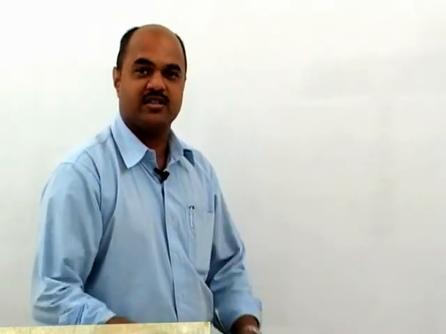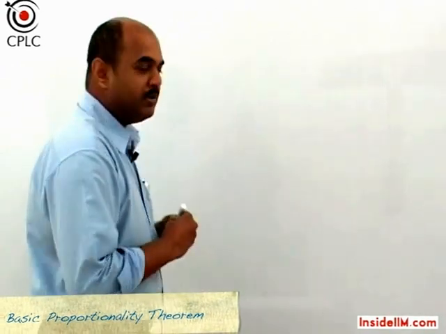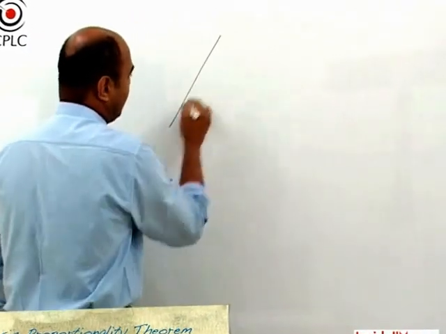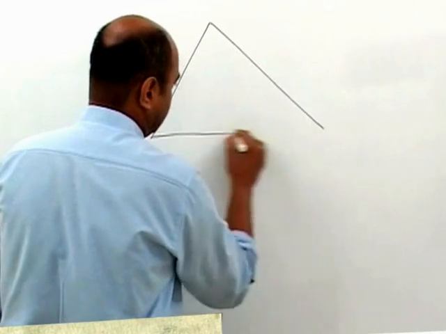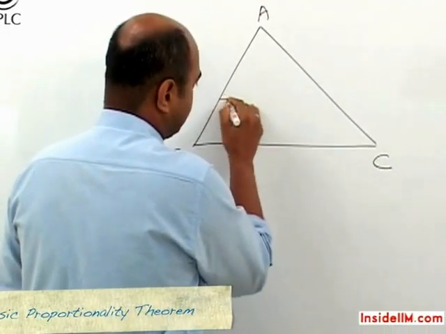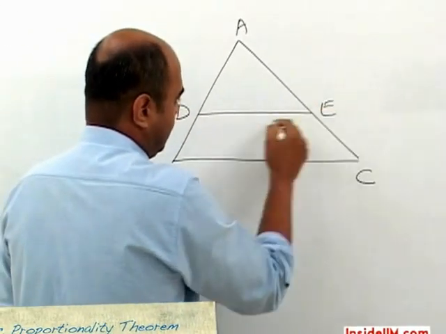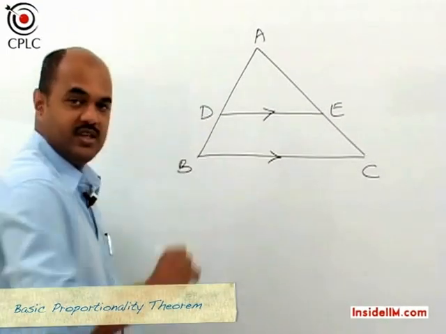We'll now look at a few important theorems with respect to triangles. Let's start with what is called the basic proportionality theorem, also referred to as BPT. So if we have a triangle ABC, and suppose we have this particular length DE, which is parallel to BC.